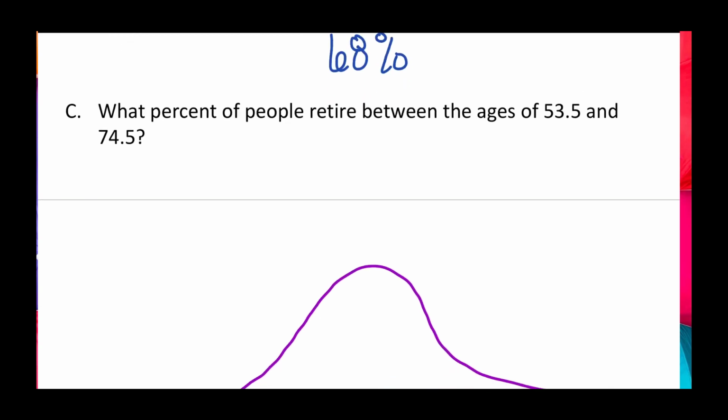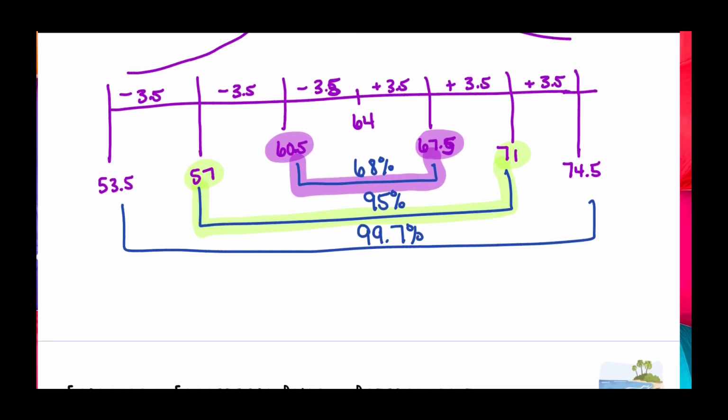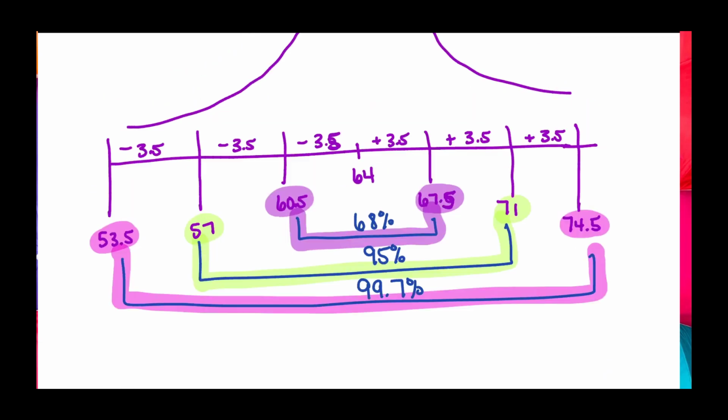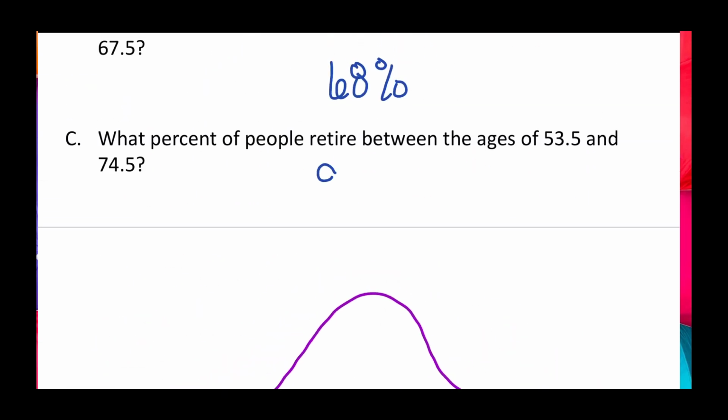And then what percent of people retire between the ages 53.5 and 74.5? That's the only ones that are left. And it looks like that is the 99.7%.